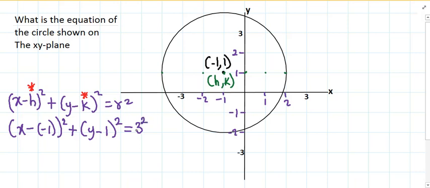Minus minus is plus, right? So we'll have (x plus 1) all squared plus (y minus 1) all squared equal to 9, because 3 squared is just 9. It can be either in this form, 3 squared, or just 9, and that is the answer to this particular question.